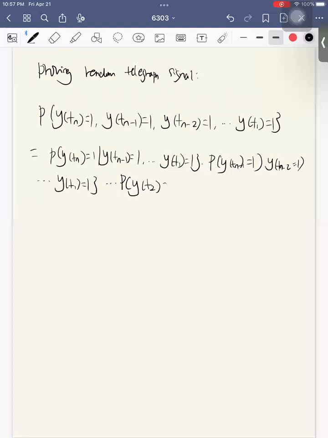By having this format here, now we can clearly see that this random telegraph signal is strict stationary by the equation we just wrote. After expanding this equation, we can see here that it belongs to property 2.